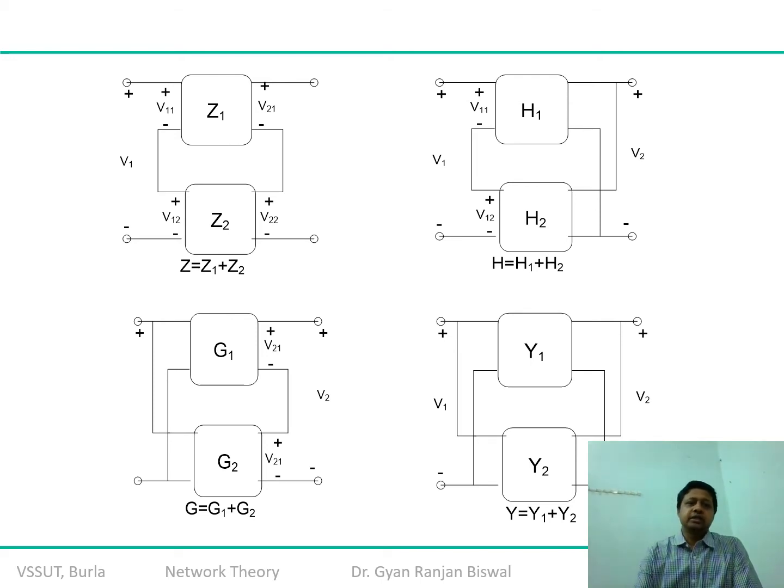So as you can see, if you consider this first figure, you can appreciate that if you write down the standard Z parameter two-port equations, for example, you have two networks.